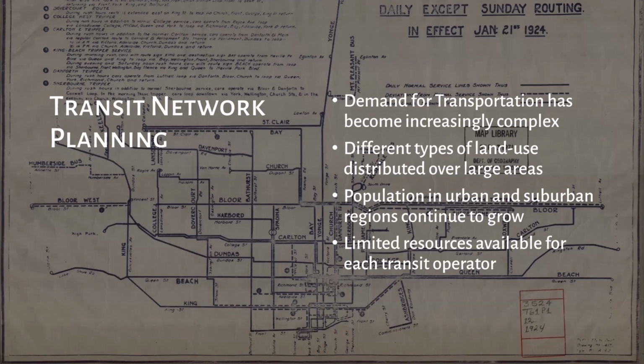These days, you have really different types of land uses distributed over very large areas, and a lot of trip purposes across the city, across the region. The population in urban and suburban regions continues to grow, and that generates a lot of different trips, and also a very limited amount of resources available to each transit operator. So you really have to count every penny in transit network design.